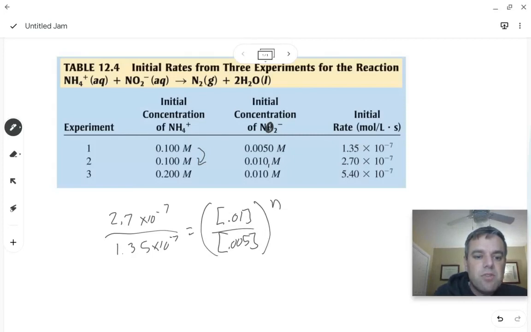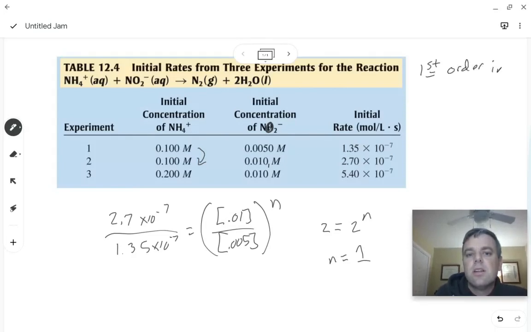And when you simplify this, you'll get 2 equals 2 to the n. So n equals 1 because 2 to the first power is 2. So it is first order in NO2 minus.